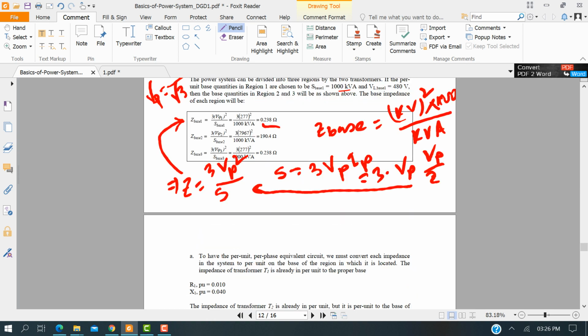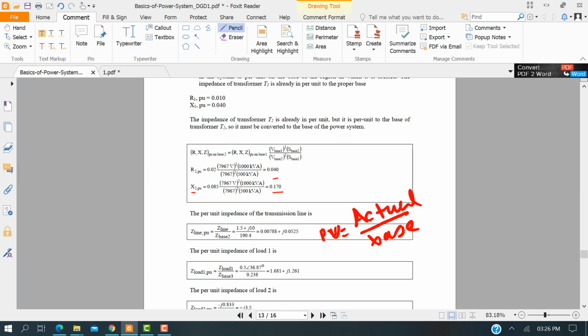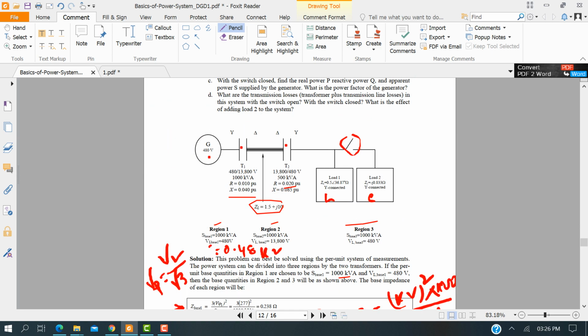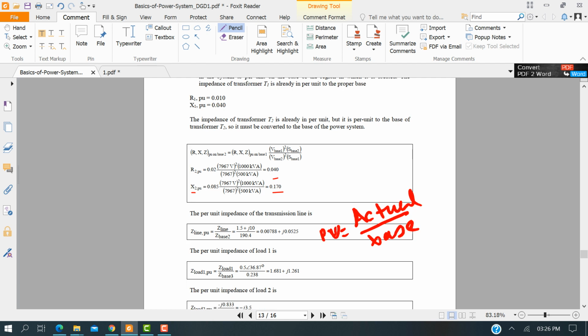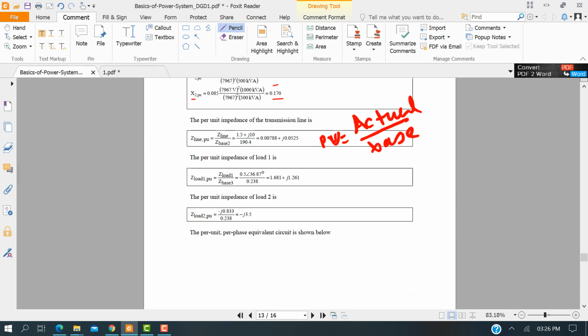Here the actual value is 1.5 + j10, and the base value, since it falls in region 2, is 190.4. We get the per unit values like this.